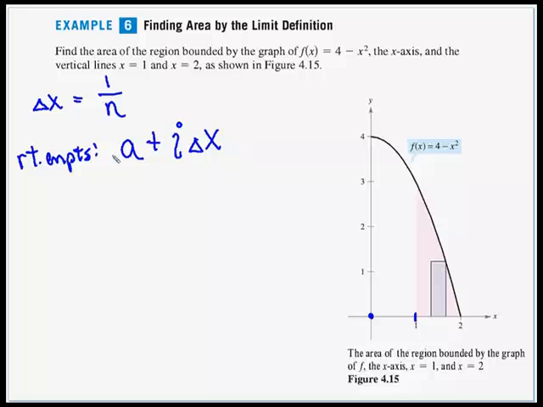And our a, our left point here, is our 1, because we're not starting again at the origin. 1 plus i times delta x. Well, our delta x we found above is 1 over n. So it's going to be i times 1 over n, or 1 plus i over n.